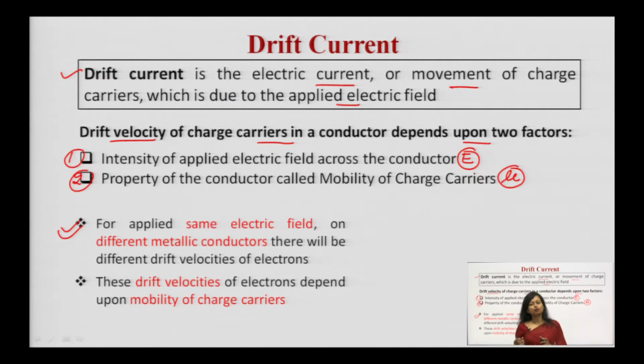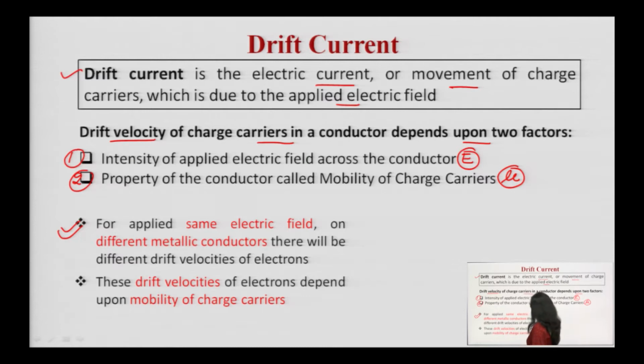Even if you are applying the same intensity of electric field, it does not mean the drift of the carriers will remain the same. No, not at all. Even in the presence of the same electric field, different metallic conductors will have different drift velocity of the electrons.